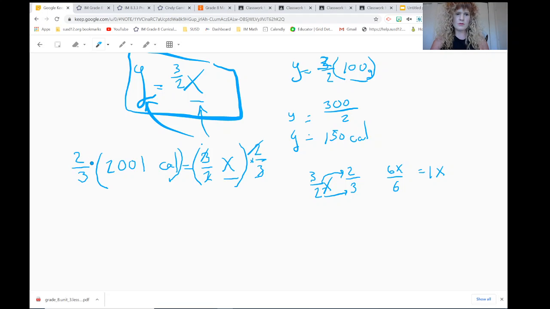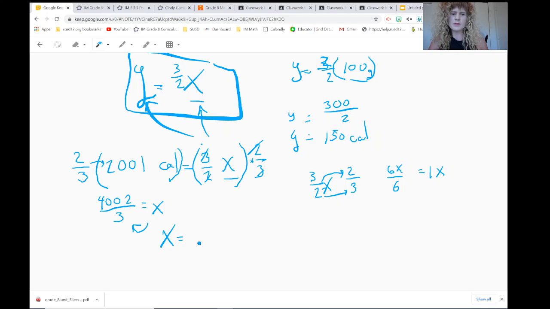So now let's multiply this. 2 times 200 is 400, and the denominator is 3. It's still divided by 3, so I don't want to use my calculator yet, so I'm going to leave it as a fraction. That equals x. Okay, now I want you to reduce this fraction. Get your answer and show me the answer in your notes.